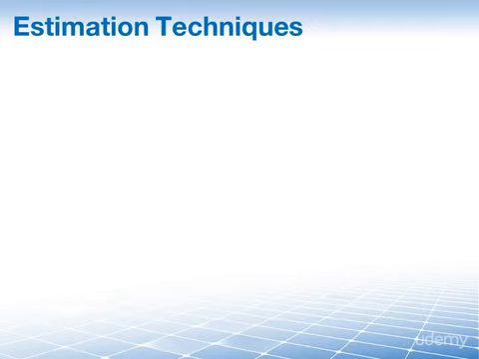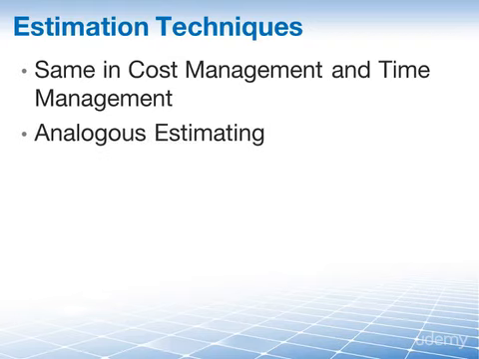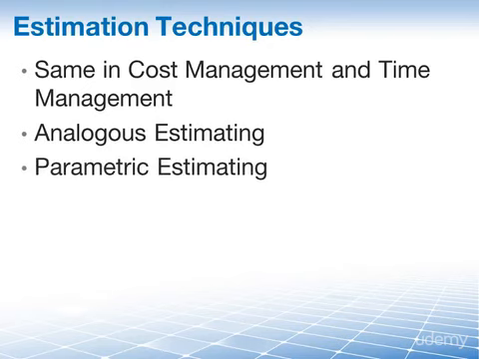Next on the list of 10 tools and techniques are the different estimation techniques, and project cost management here uses some of the same techniques that we've already seen under project time management. First, there is analogous cost estimating. This uses values from previous projects as the basis for estimating the same parameters for the current project. Then we have parametric estimating, which uses statistical relationships between relevant historical data and other variables to predict cost estimates for the current project.